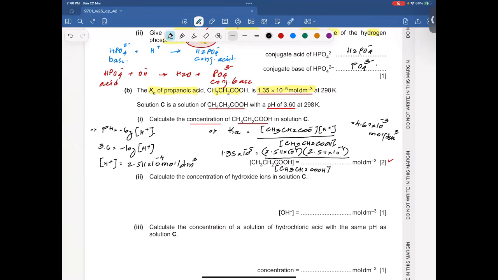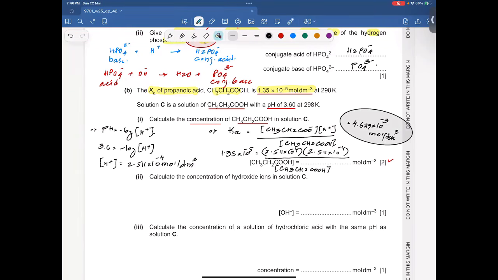So 4.629. Let me write 4.629 times 10 to the power minus 3. Okay, that's the answer I'm getting on my calculator.